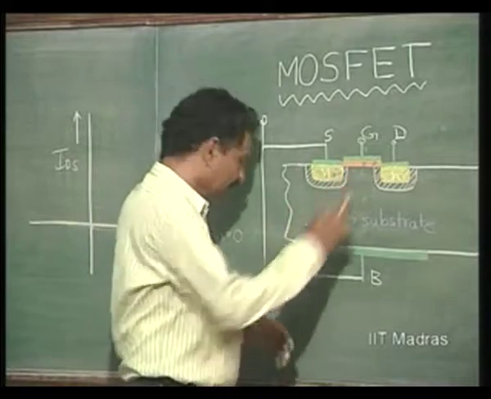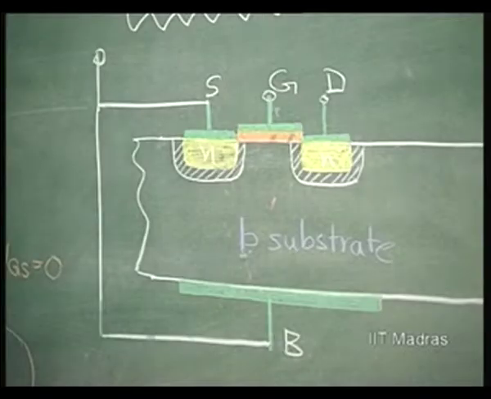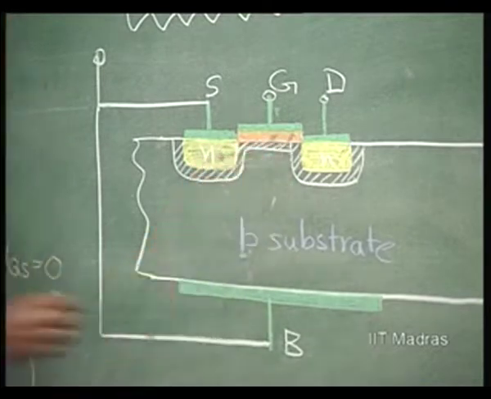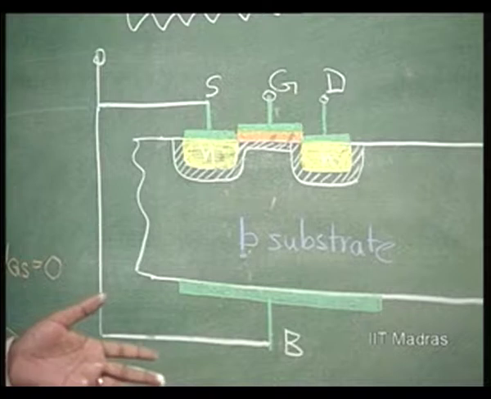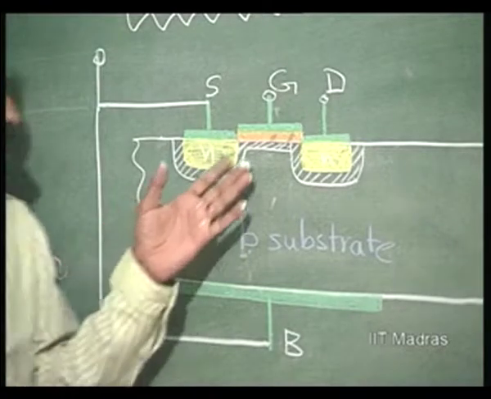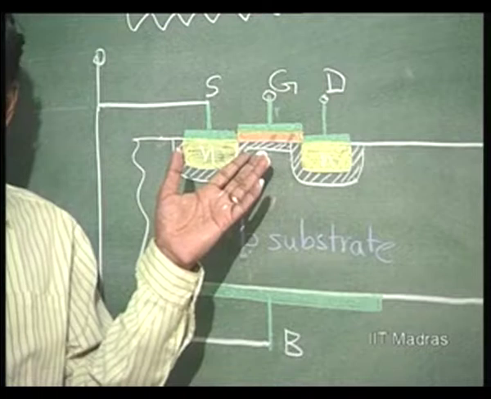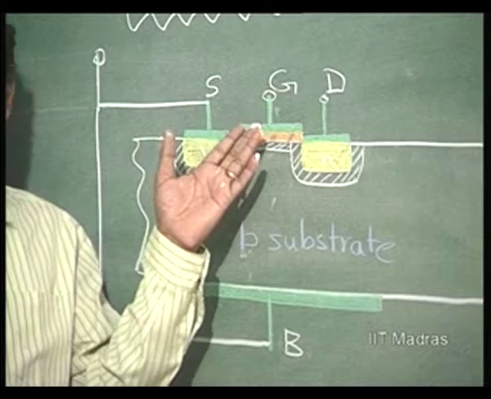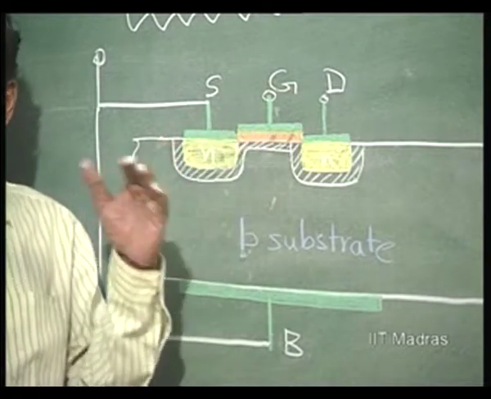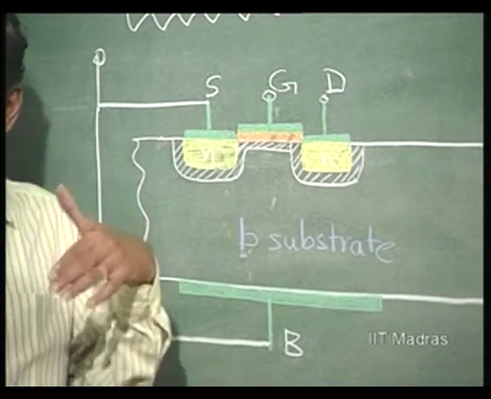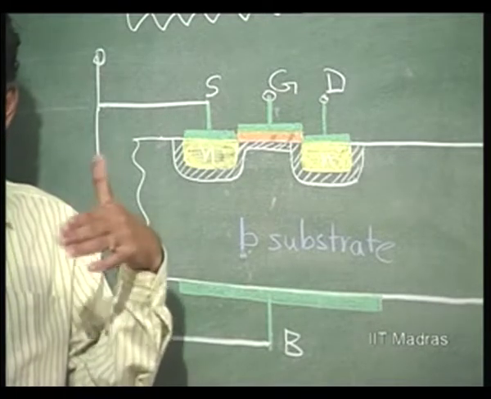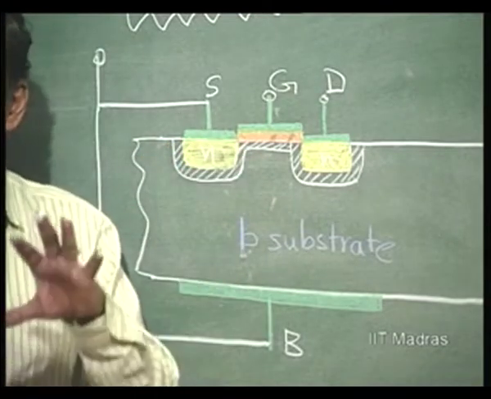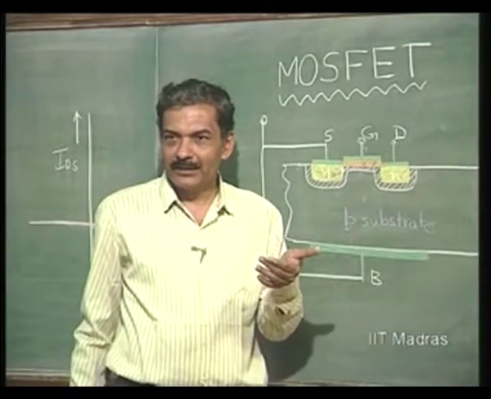That means this region gradually becomes depleted of carriers, and then slowly you further increase the positive voltage. Then the surface becomes flooded with minority carriers which are electrons, and the type becomes N type. Then you say that there is inversion.